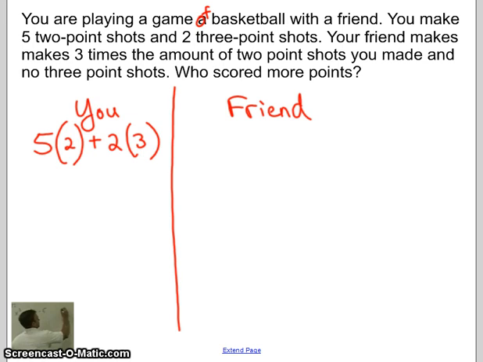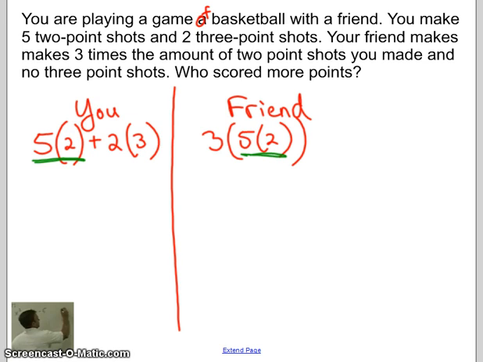So if you made 5 2-point shots, they made 3 times 5 times 2. Because that's you, and they made 3 times that amount.